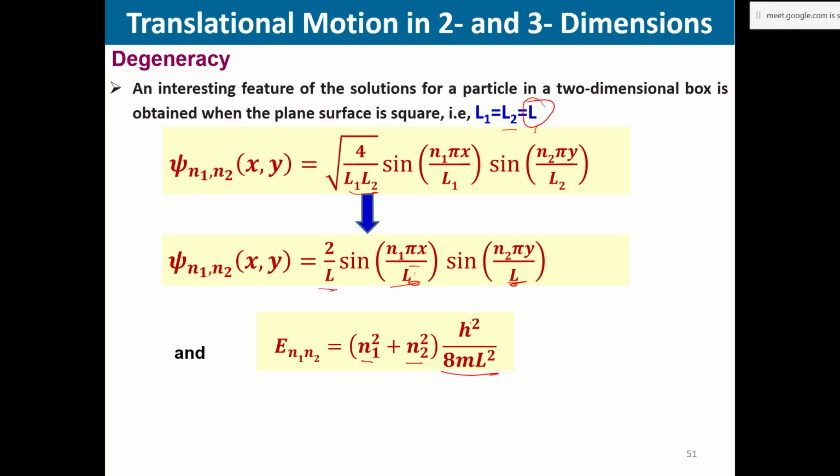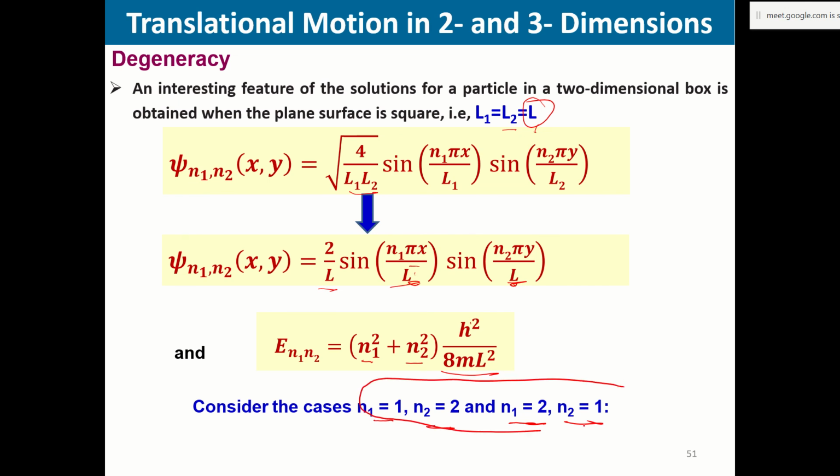So you can arrive at the same energy if n1 and n2 are along x and y and you change the values of the quantum numbers. Whether n1 is 1 and n2 is 2, or n1 is 2 and n2 is 1, both combinations give you the same energy.